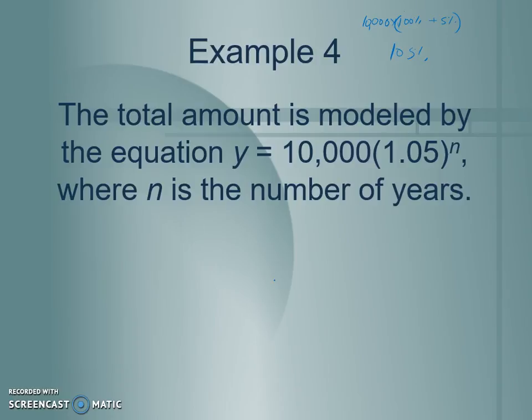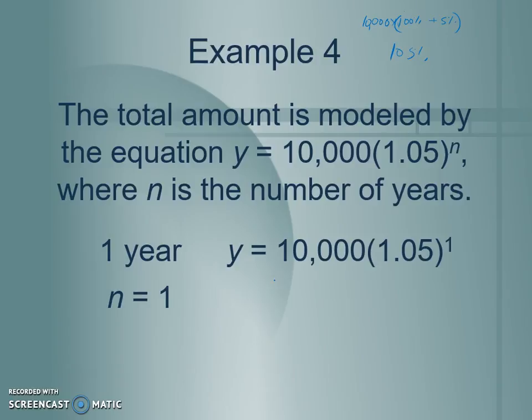And then we said n is the number of years. So the first one is just after 1 year. So n equals 1. So we just take our equation, substitute in 1. Well, 1.05 to the first power times our 10,000 is just going to be $10,500. So we've earned 5% this year, or $500.